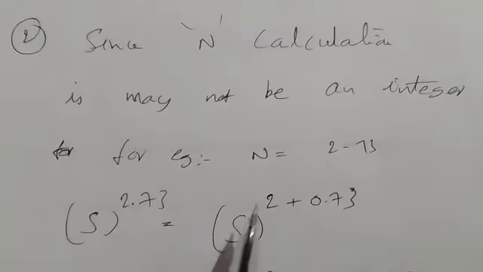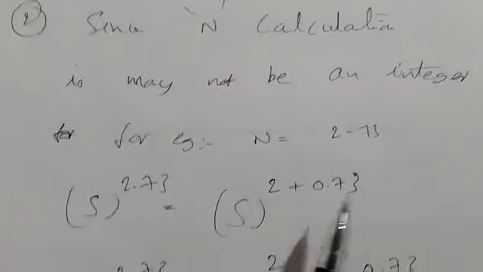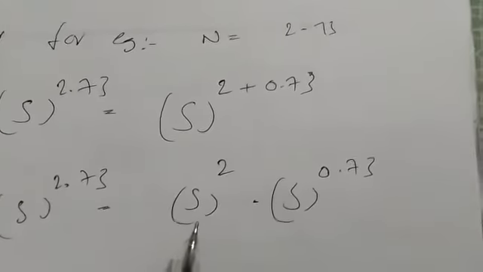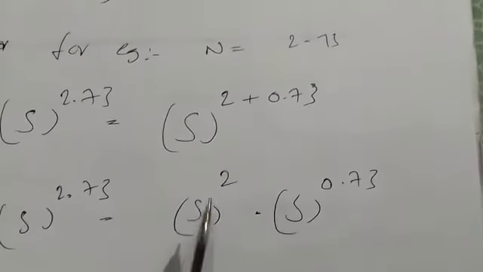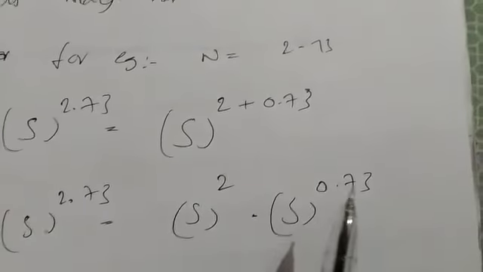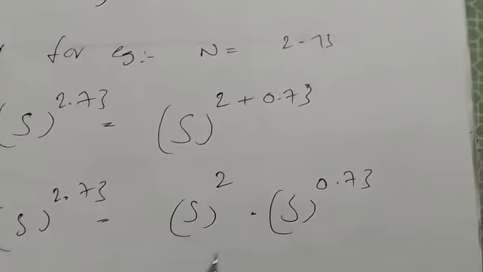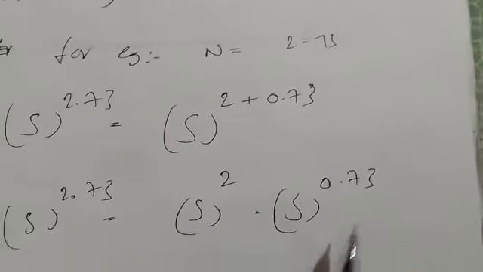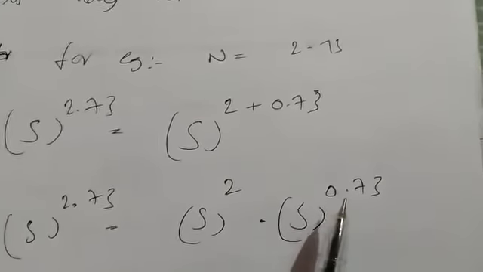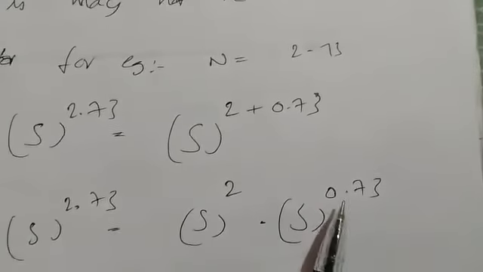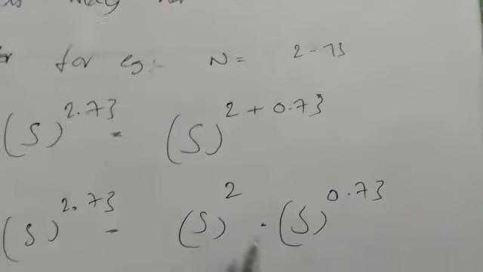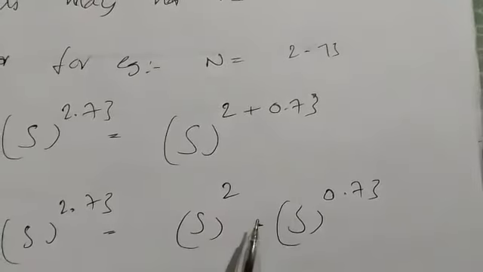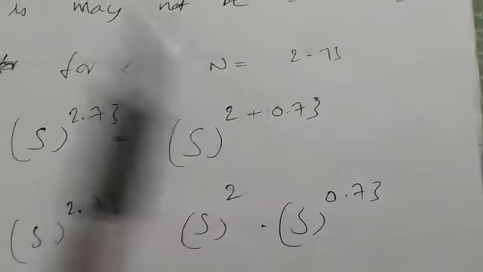Now this can be written as s power 2 plus 0.73, and similarly s power 2.73 can be rewritten as s square into s power 0.73. First we calculate this, and second we calculate this, using integer methodologies. Once this calculation is completed for the order 0.73 and the 2, after the final transfer functions have been derived, we can multiply them. Then finally it reaches 2.73 as the final answer.